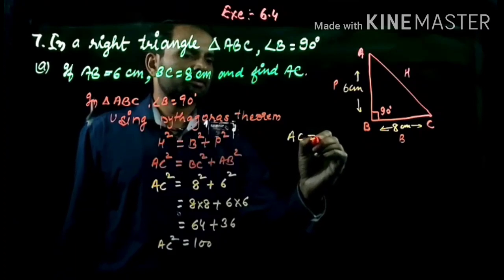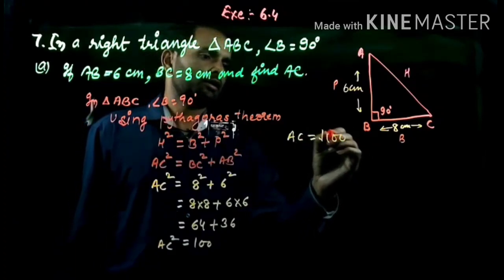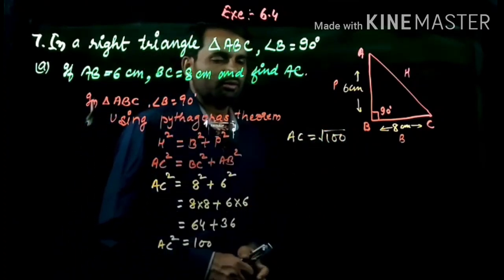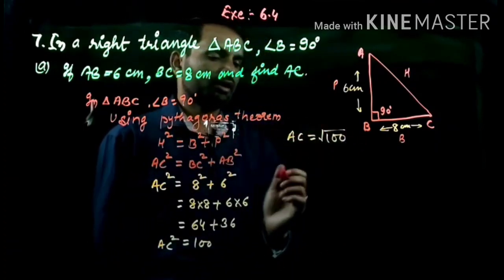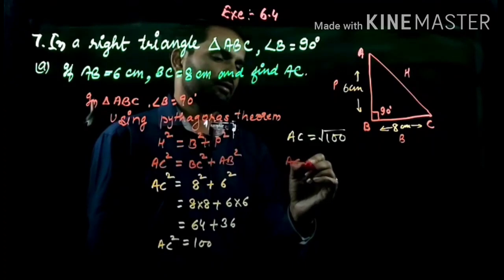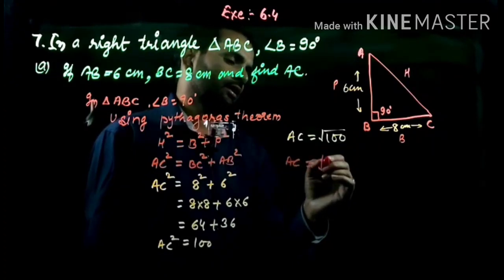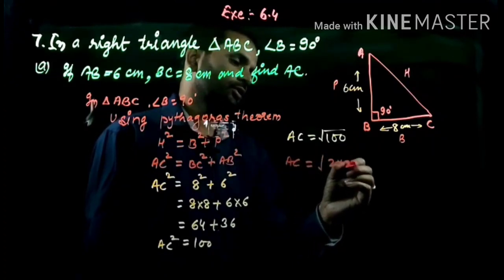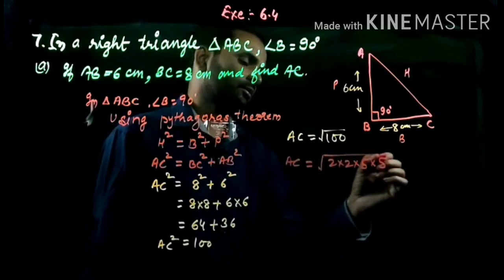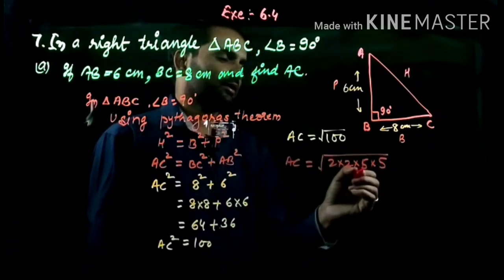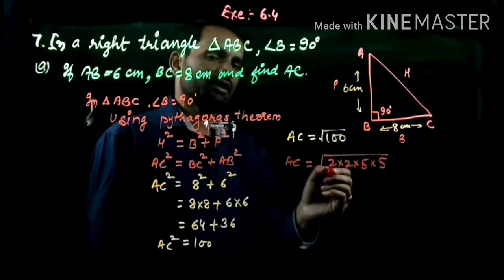root of 100. Okay, and from root of 100, you find the value of AC. AC is the square root of 100. You write 100 as 2 into 2 into 5 into 5, by the prime factor method: 5 5s are 25, 25 2s are 50, 50 2s are 100.